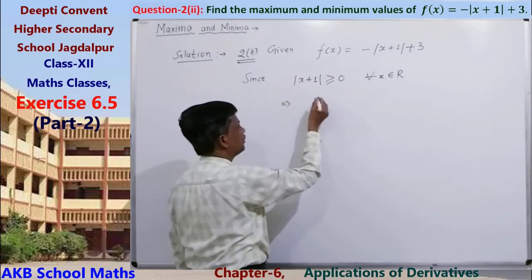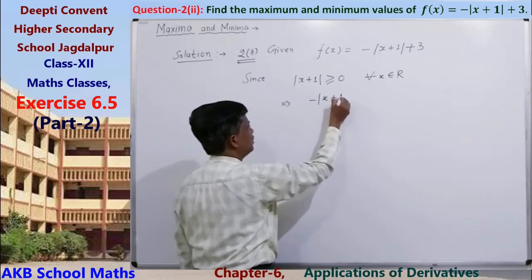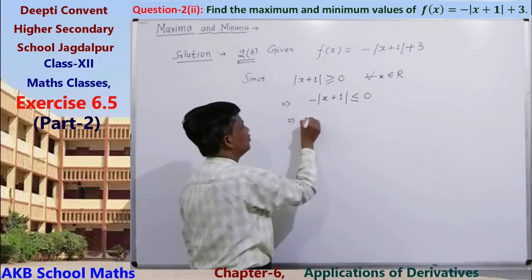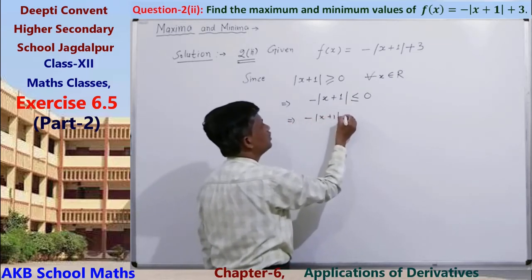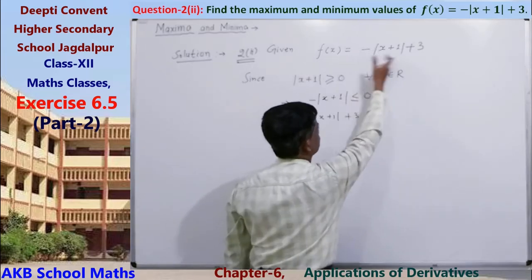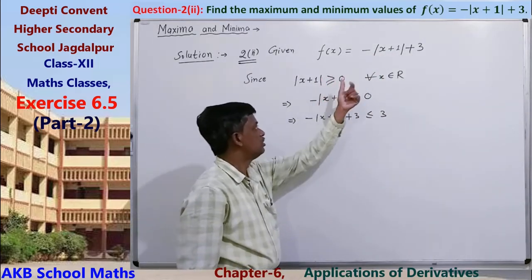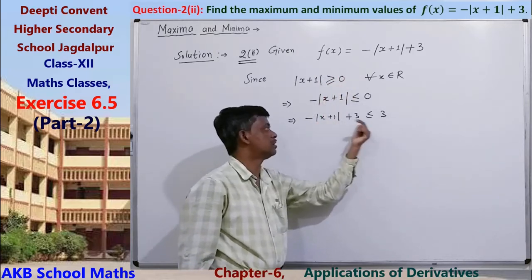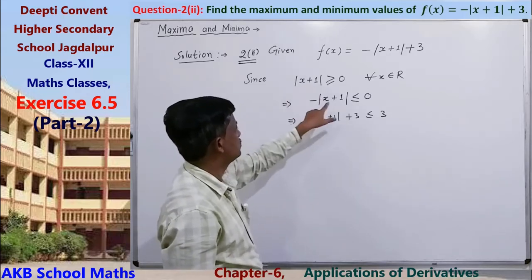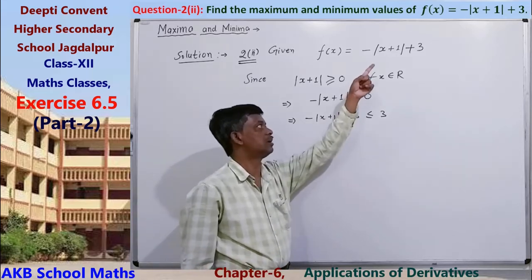That means if we apply minus on both sides, we get minus of mod (x plus 1) less than or equal to 0. We can add 3 on both sides because we require this type of combination, and that's why we reduce it to this form.